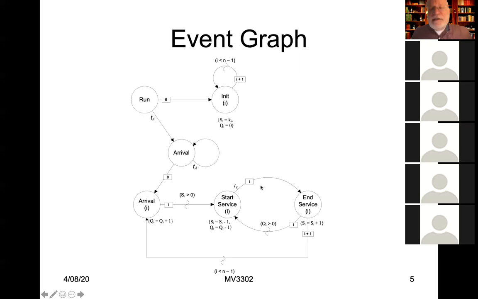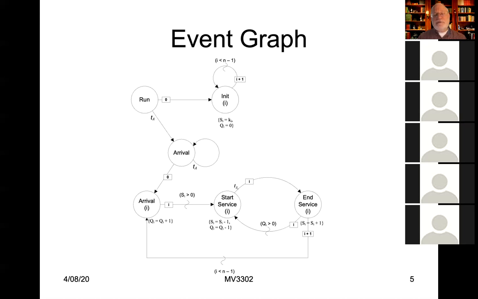Okay, so here's the event graph. Rather than going through it piecemeal, this event graph is also in the reading, so what I'm doing is trying to break it down in terms of some of the pieces. If you remember, yesterday we looked at this for loop idea of how to implement a for loop in event graphs.